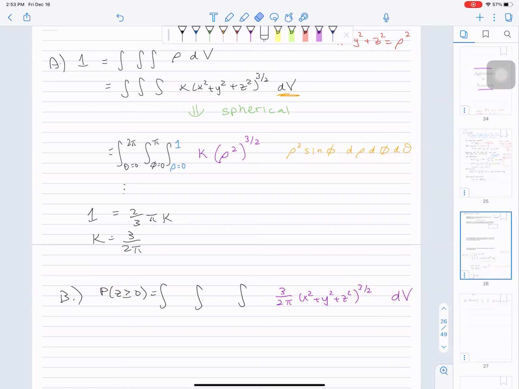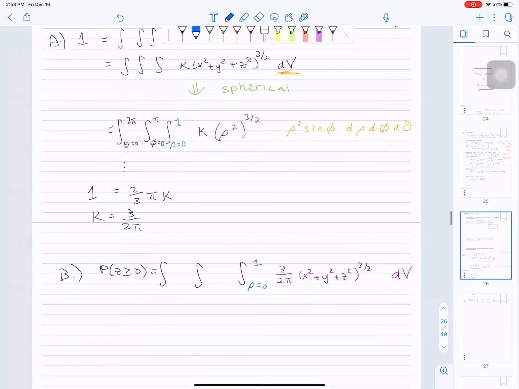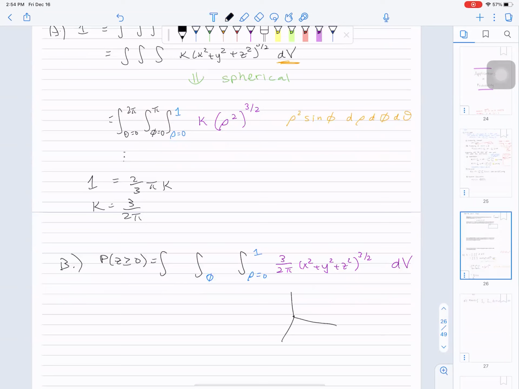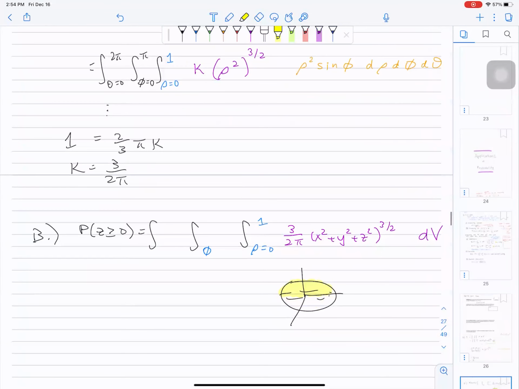What are my bounds going to be? Well, my rho bounds are still the same: we have a sphere of radius 1, so rho still goes from 0 to 1. But now for our phi bounds, this is where it changes. Because we have a sphere but we only want z greater than 0, so we only want the hemisphere. That means that phi starts from 0.